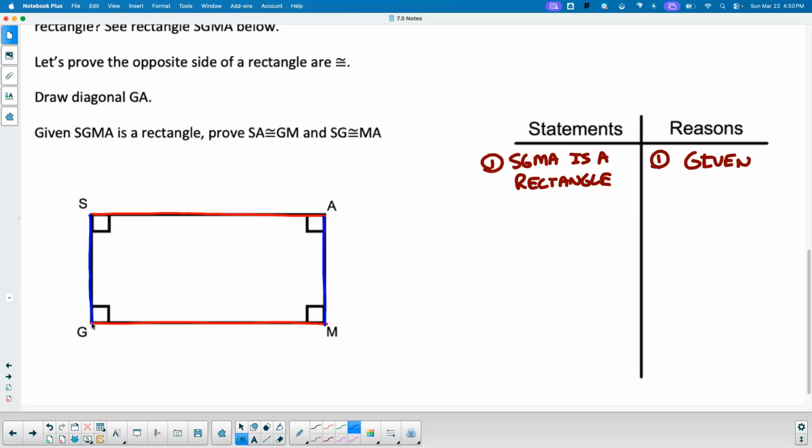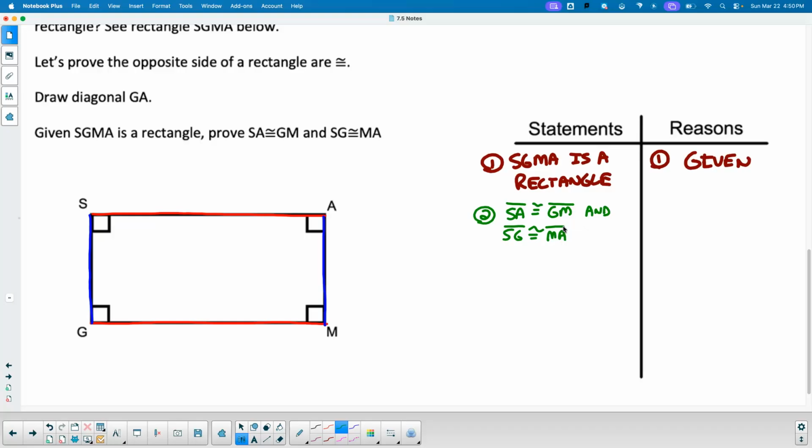Now, a couple of different ways we could go about doing this. Okay? The first thing that we could say is, flat out, we could go right to it. We could say that SA is congruent to GM, and SG is congruent to MA.